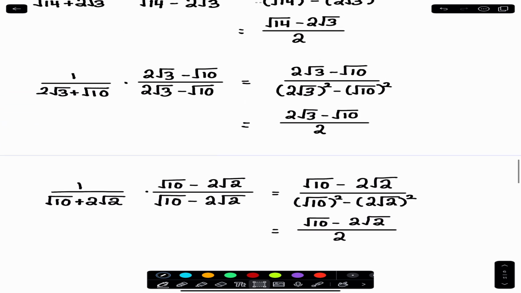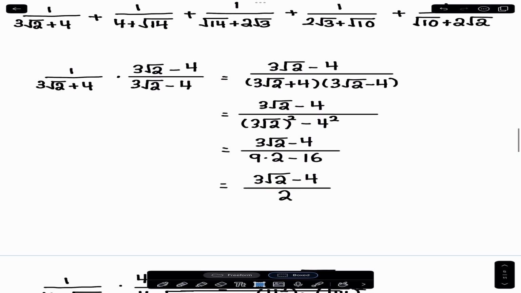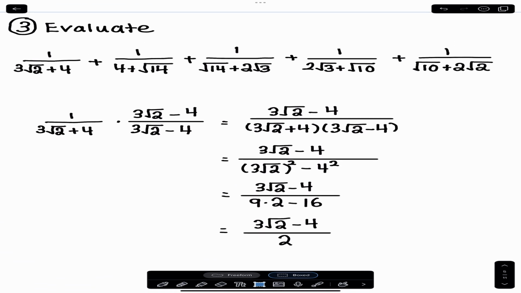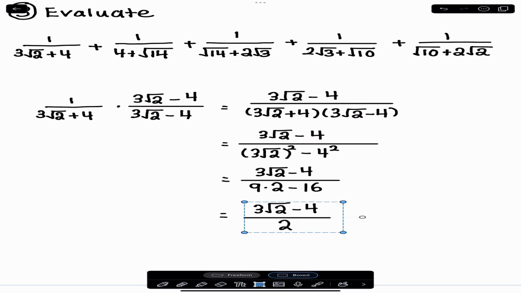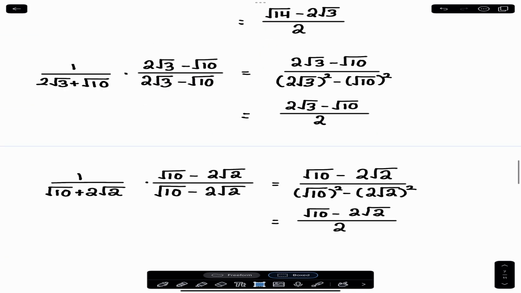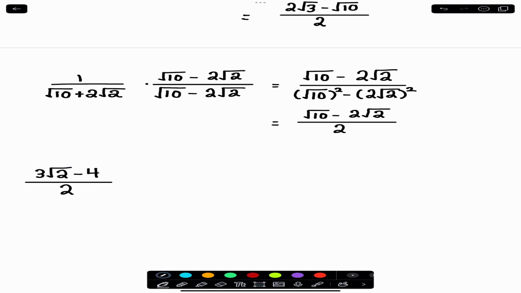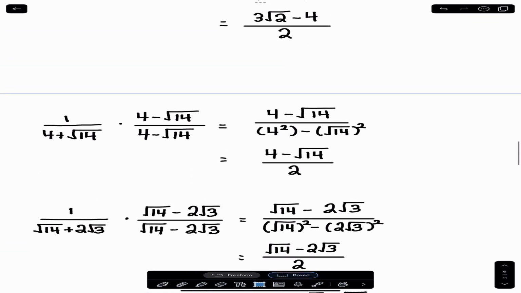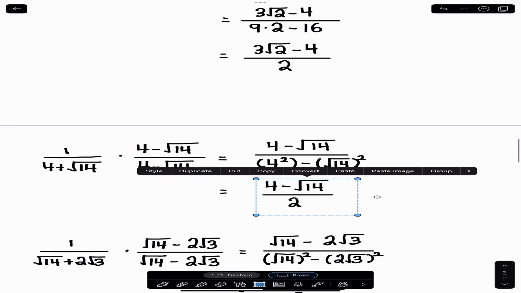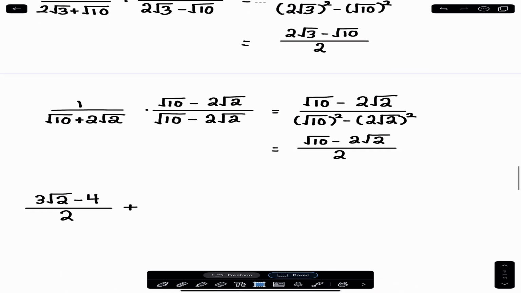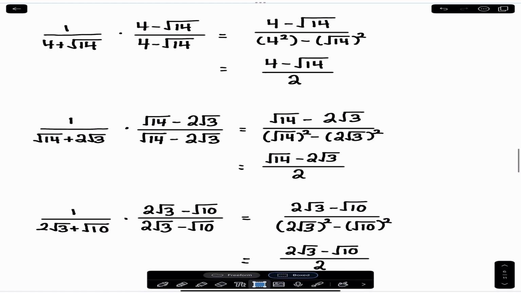So in the end, let's see, what do we have? This original expression that we had at the start is actually equivalent to, let's take all of these and just put them here at the end, line them up nicely.